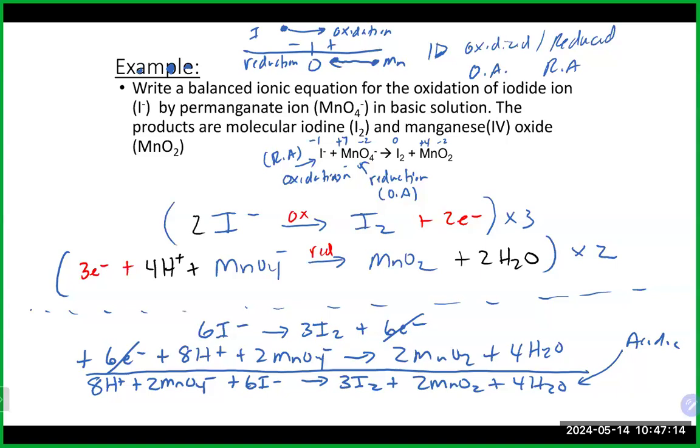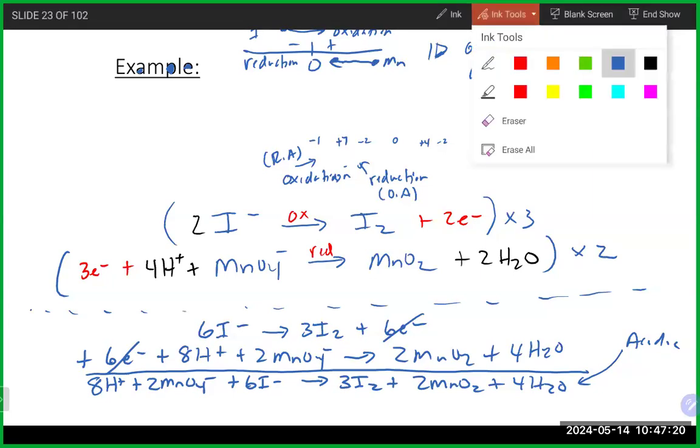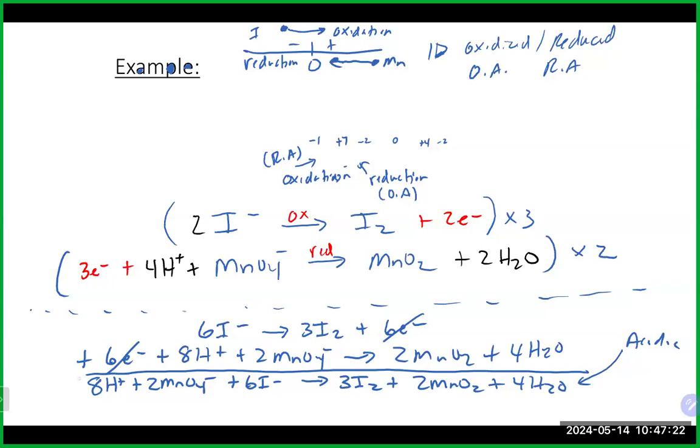Now at this point, we're going to turn it into basic conditions. So remember, to turn this into basic conditions, we're going to take the number of H pluses, which in this case is 8, and we're going to add 8 OH minuses again to both sides. That will create us 8 waters here on the left-hand side.